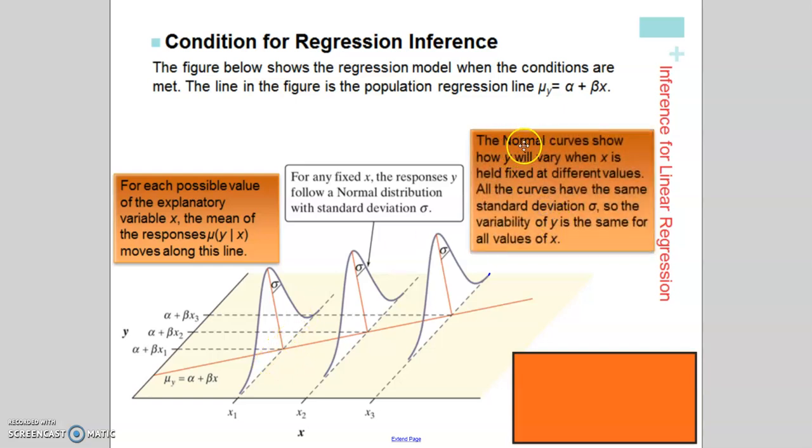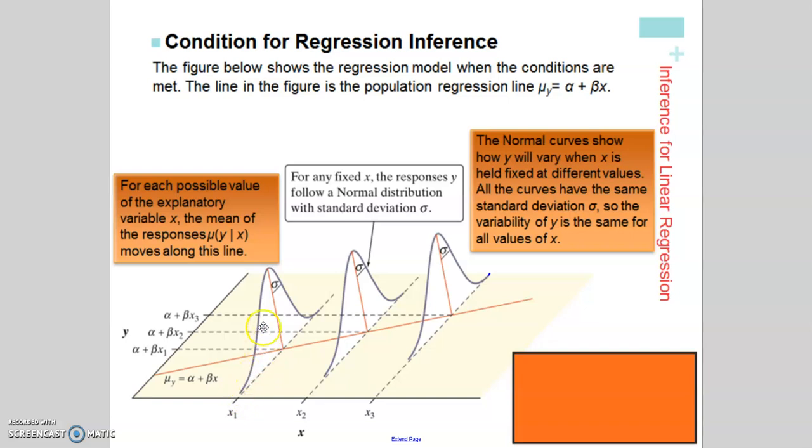The other idea here is that these normal curves show how y will vary when x is held in a fixed position. So let's say I hold a fixed position, so I just look at dropping helicopters from a single value, 6 feet. They'll be centered. The average time to fall will be centered right on this line, we hope, but how will they be spread above and below that average?